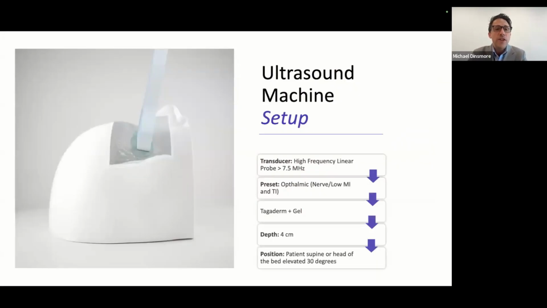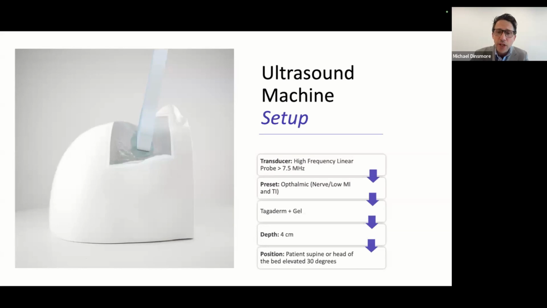Okay, so to start with, what you basically need is a high-frequency linear probe. This has become pretty much standard in most of the ultrasound technology today. The literature says anywhere greater than 7.5 megahertz. Now you're getting linear probes with 15, 19, 22, so the resolution and image quality of these are just getting better and better.